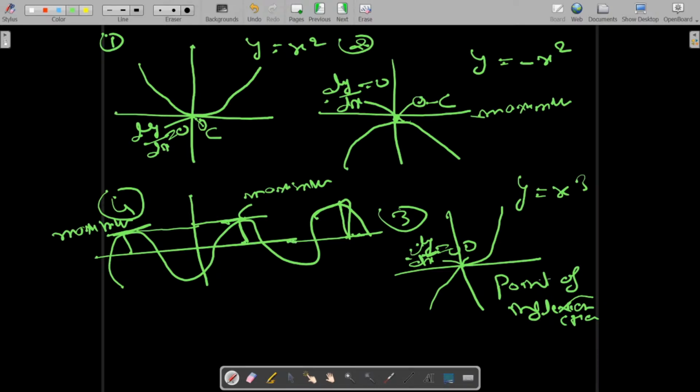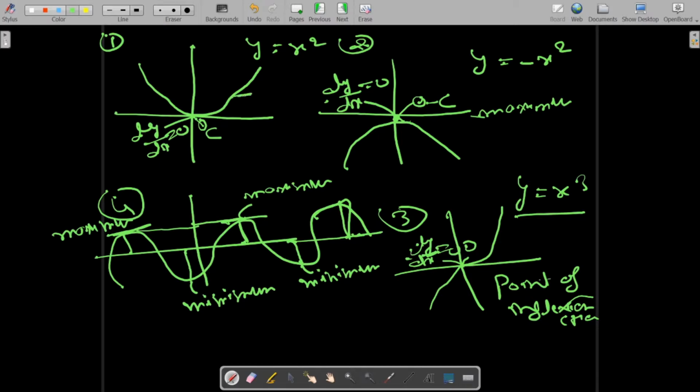At this point this function is taking minimum. At this point this function is taking again minimum. So what is the difference between all these four graphs? One is y equal to x square, another one is y equal to minus x square, this is y equal to x cube, and this could be any function. Let's take any function.